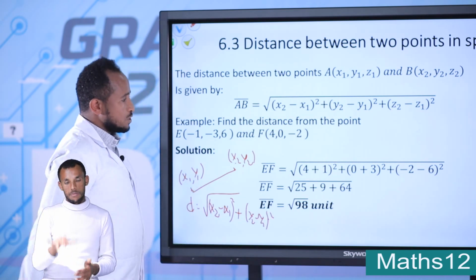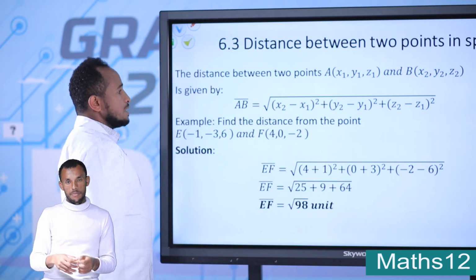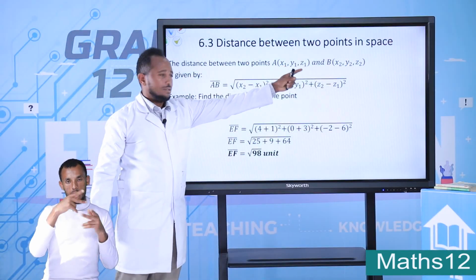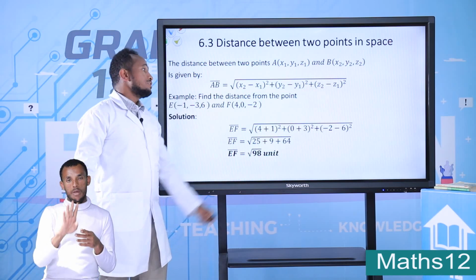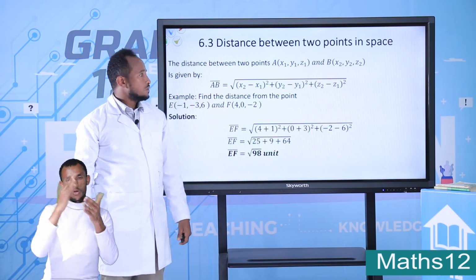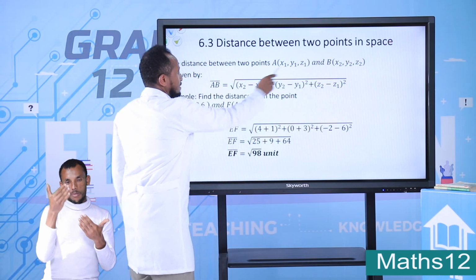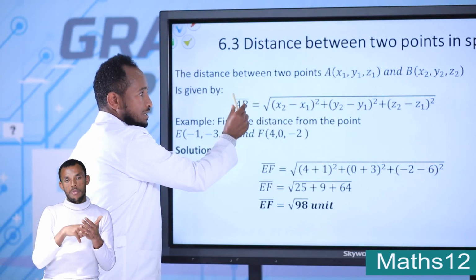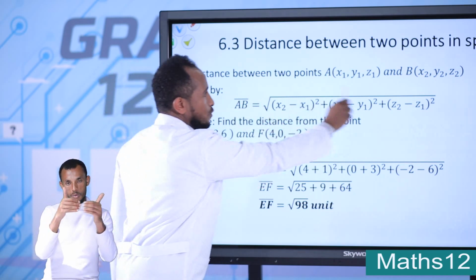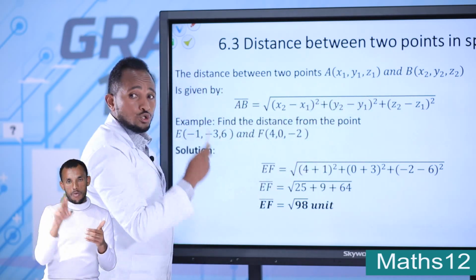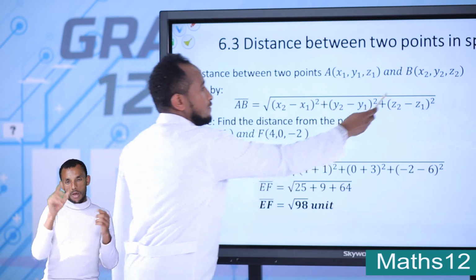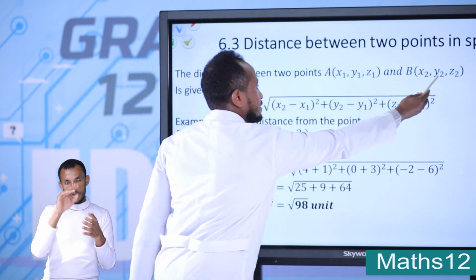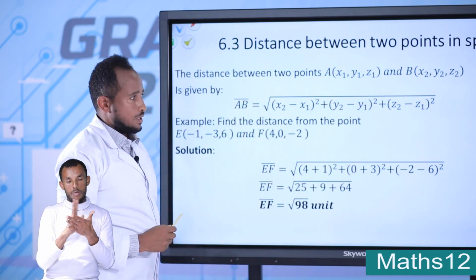With the same procedure, the distance between 2 points A and B in space is evaluated using this equation. The distance between the 2 points A and B, AB, equals the square root of the squared difference of the x coordinates, plus the squared difference of the y coordinates, plus the squared difference of the z coordinates.